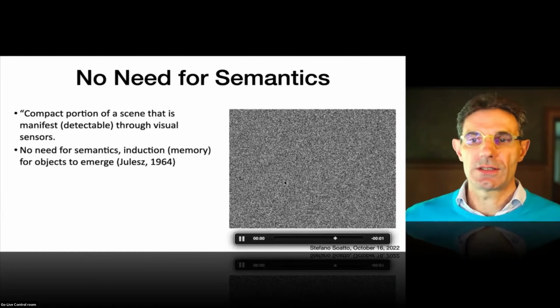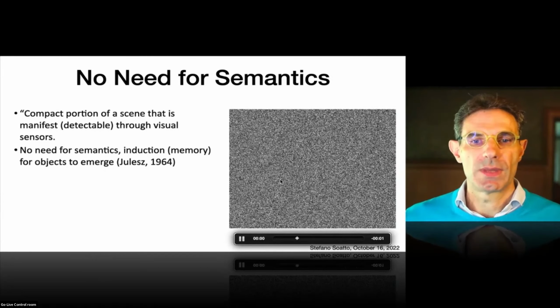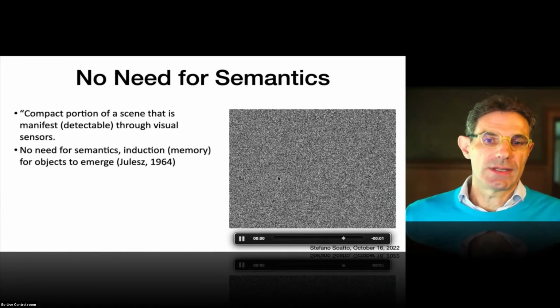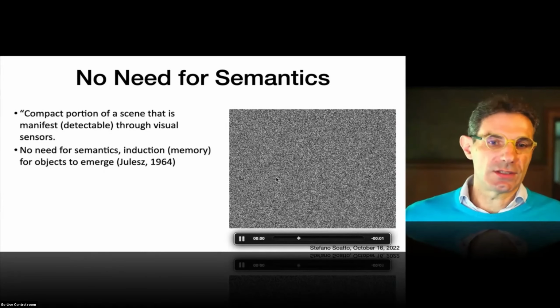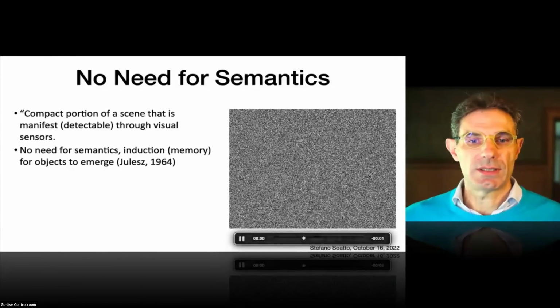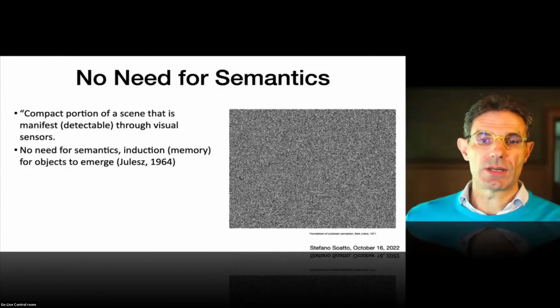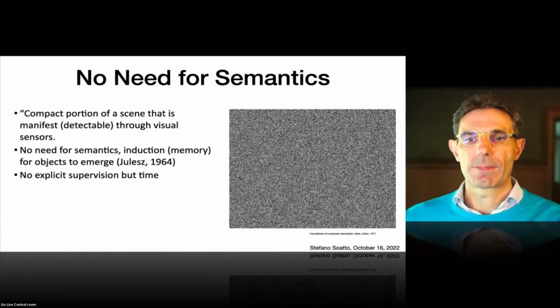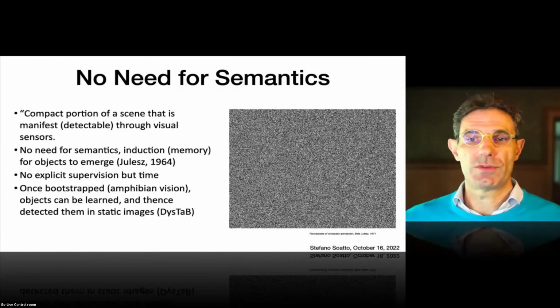Okay, you can see here the importance of occlusions again. Of course, once things move and you detect them, you can then store them in memory and then retrieve them in the future, even from a static picture. And that's the idea behind dynamic-static bootstrapping that I will come to later. And here there's no supervision but time.